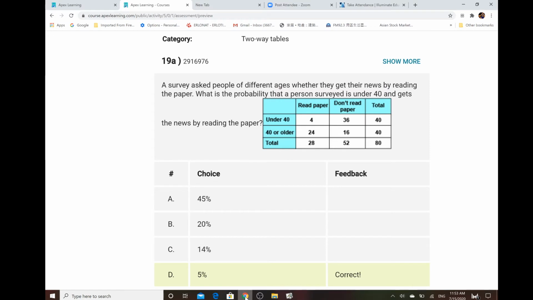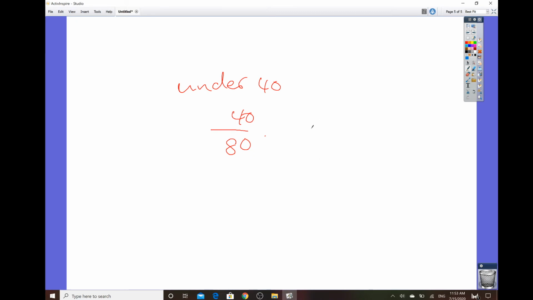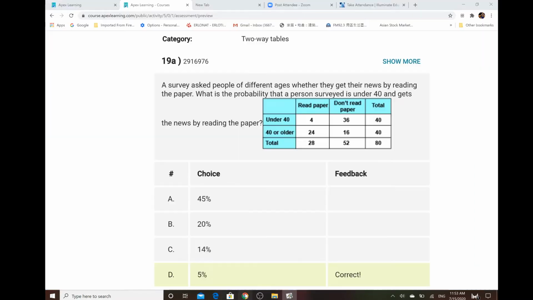Basically that's just half of the group, half of all the people here. And then the number of people reading the newspaper would be 4 over 40. So times 4 over 40. Again, cross cancel. This one gets 1, 1. 4 goes into 80 twenty times. So it's 1 over 20. Convert that to a percentage.